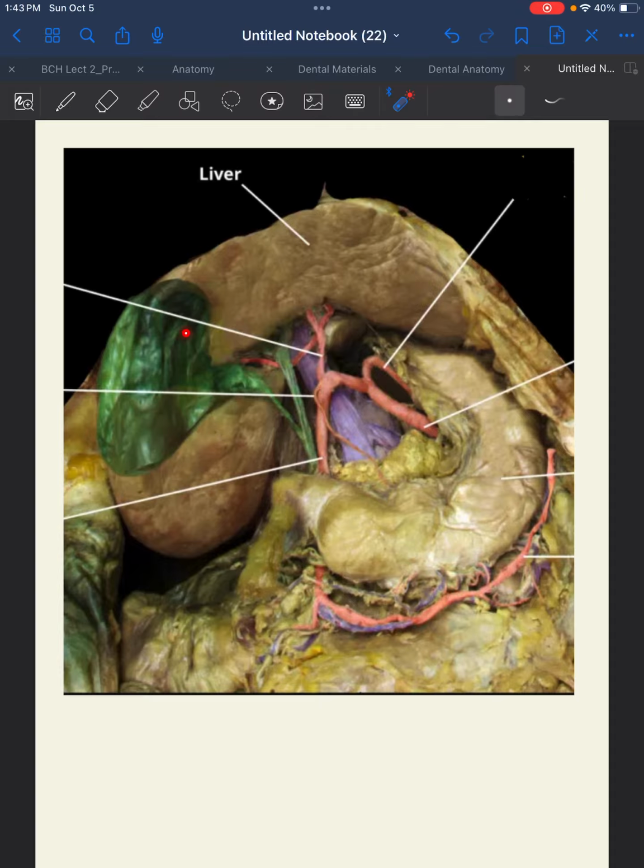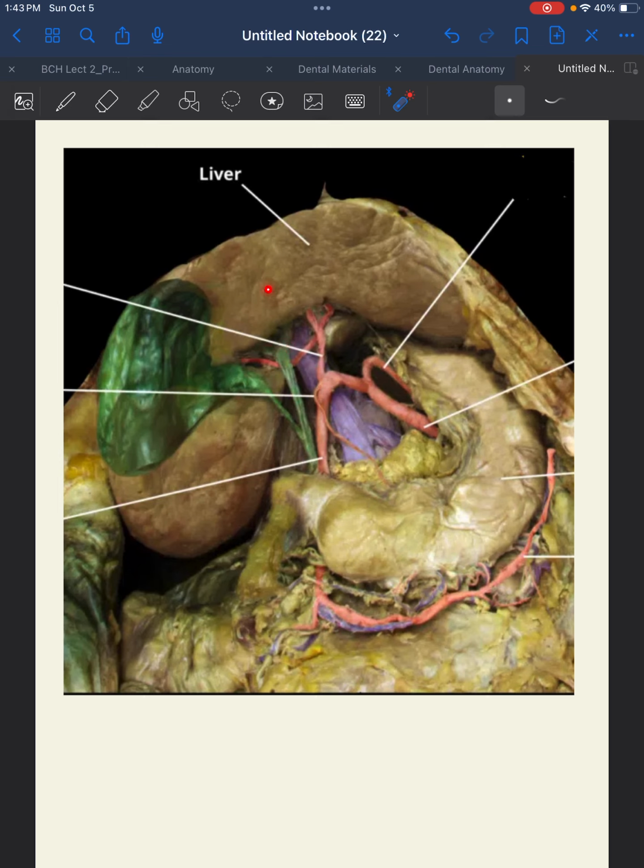And then just a little bit more knowledge for you. Here's your gallbladder. Here's the fundus of the gallbladder, the body of the gallbladder, and the neck of the gallbladder. From the neck of the gallbladder, you're going to go into the cystic duct. And then from the cystic duct, you'll go into the common bile duct. And then here is the hepatic duct, which goes into the left hepatic duct and right hepatic duct.